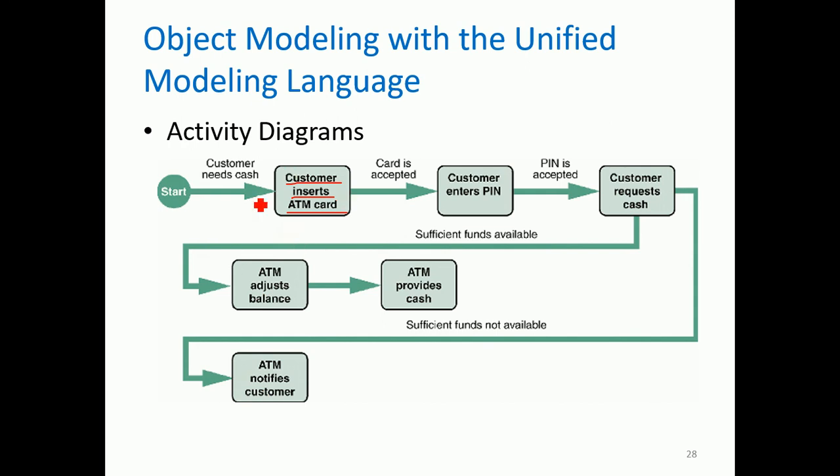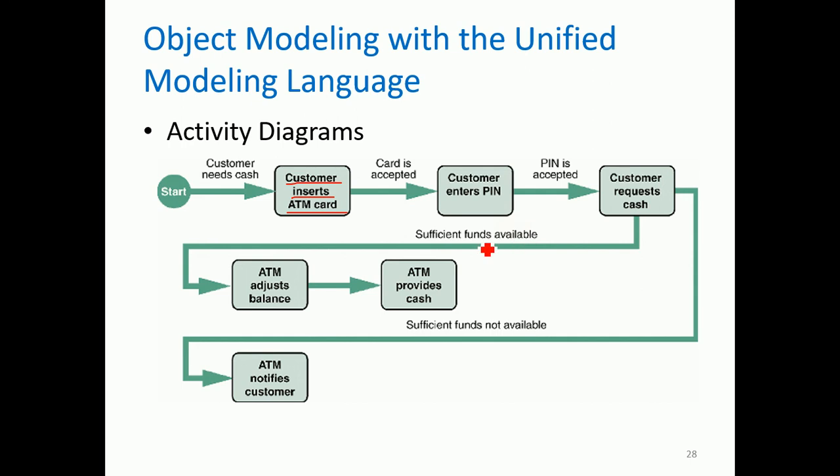And then we will put the cause. It's like cause and effect, for example: if customer needs cash, then customer inserts ATM card. If card is accepted, customer enters PIN. If PIN is accepted, then customer requests cash.